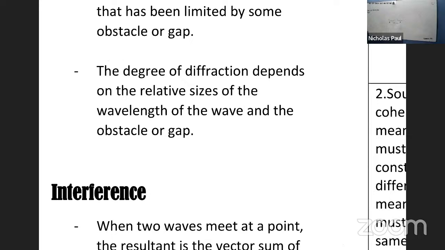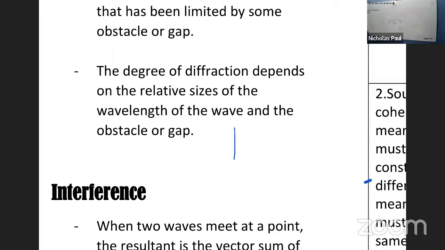The degree of diffraction depends on the relative size of the wavelength and the obstacle. The smaller the wavelength, what is happening? And then here, the smaller the obstacle, what? So the smaller the obstacle compared to the wavelength, the greater is the diffraction.